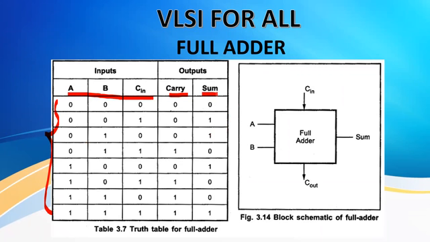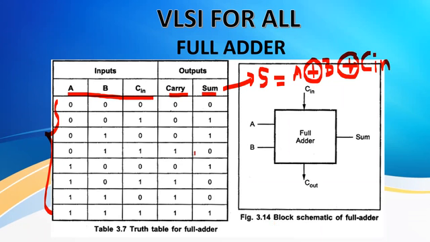So we have an equation for sum. That is, sum is equal to A XOR B XOR C in. And for carry, we have AB plus BC plus CA.